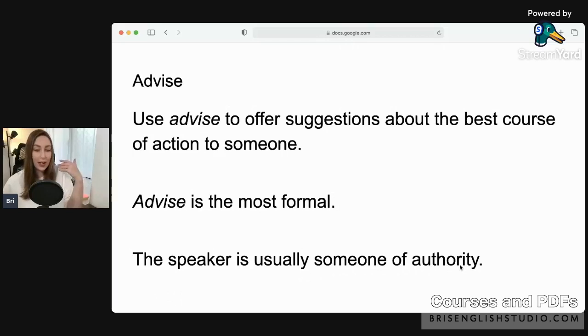So when someone advises you, that person is usually someone of authority. They could be a teacher, a doctor, a nurse, it could be the government, someone who has authority and who really knows what they're talking about. They will advise you. Okay, very good.